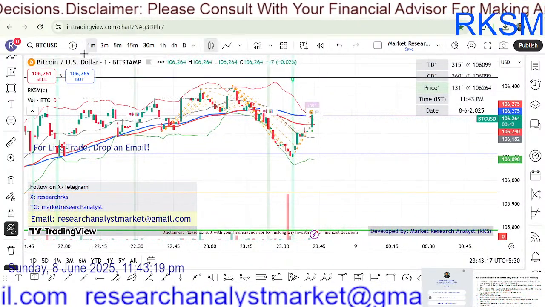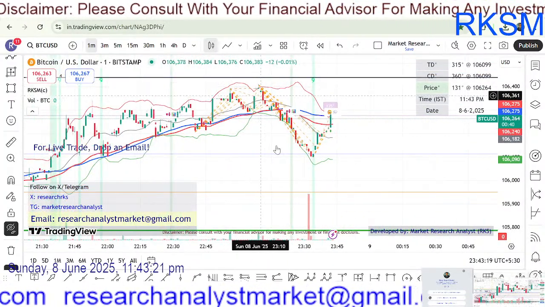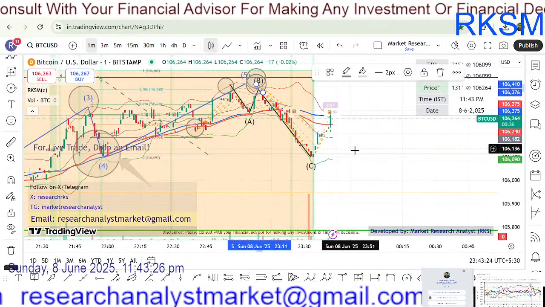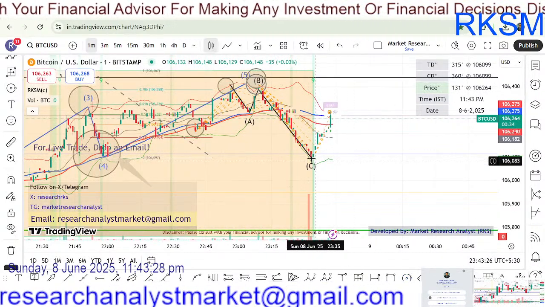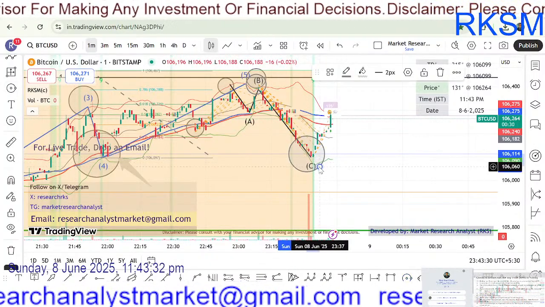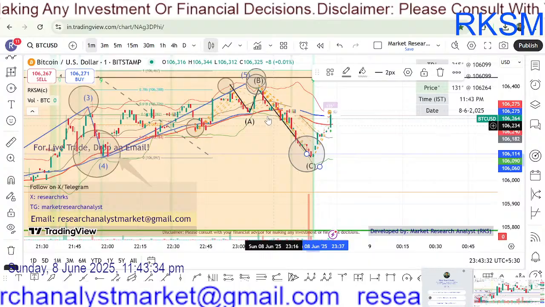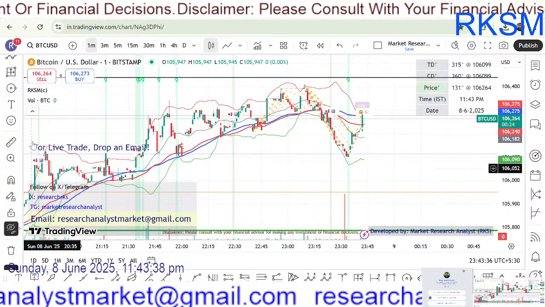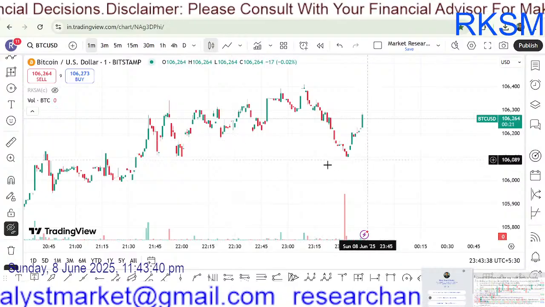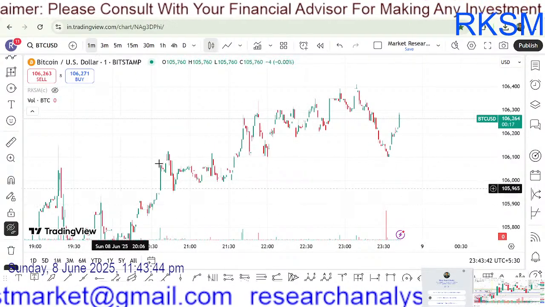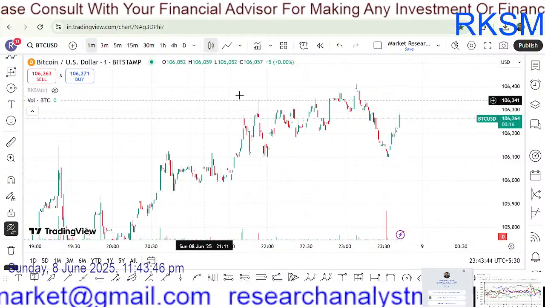See at the 1 minute time frame, our system is already here, right? The projection, as I told you, is starting from here. I have not used any trend line, any support, any resistance.